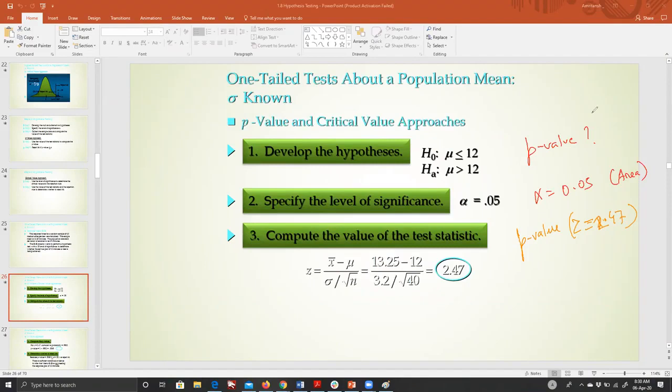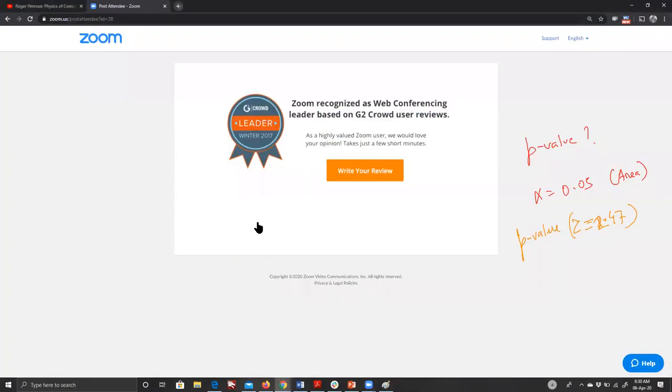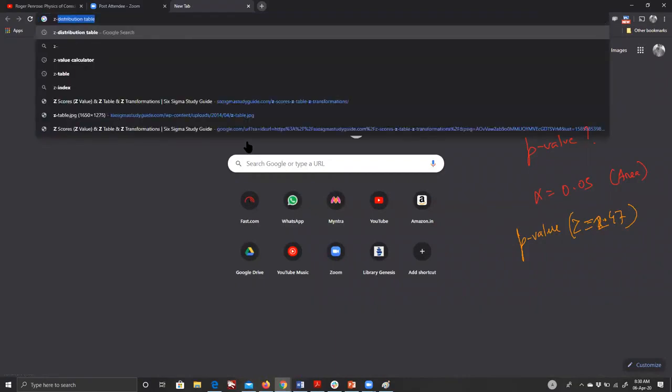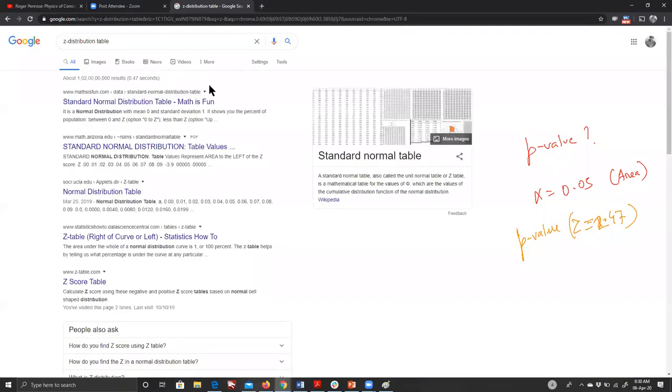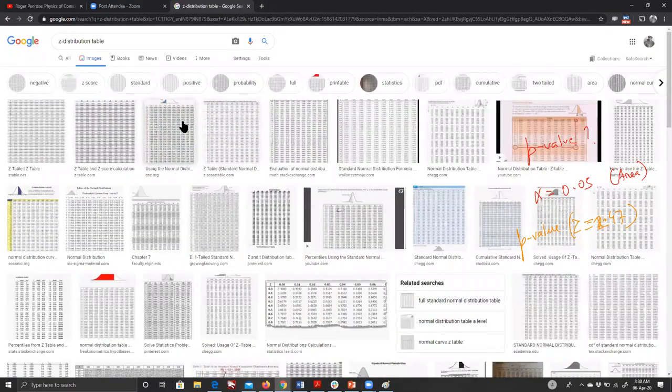Sorry, how would you find the probability, the p-value, my bad. Again, you have to go for these apps or online tables. You just need to remember, you basically have to get the z distribution tables. Make sure that you find the correct one.